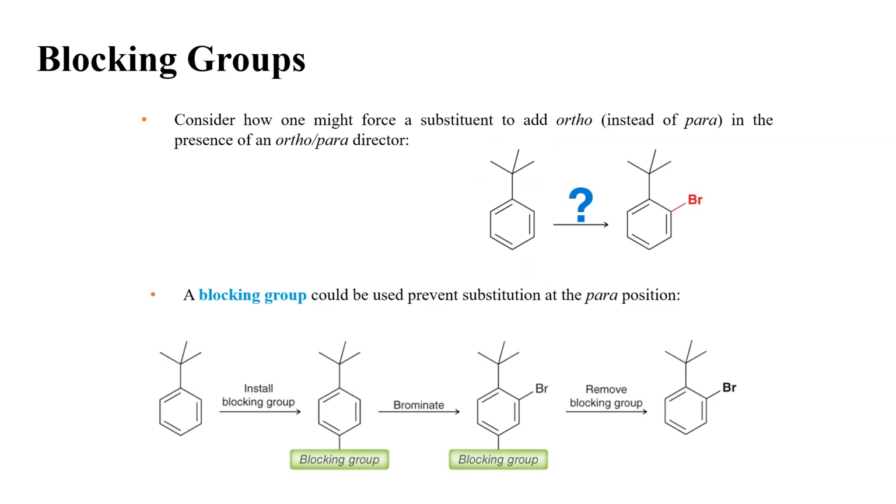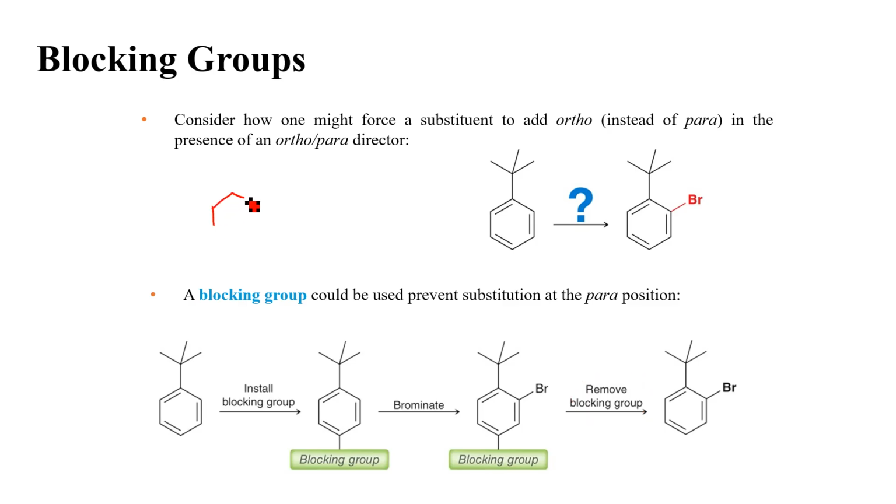Well, what if I use something called a blocking group? What a blocking group does is it basically allows you to functionalize the para position first, and it blocks the para position so that you have to force the ortho position to get functionalized, right? If you block the para position, the only other position available to functionalize is the ortho position, okay? So if you install a blocking group, then you can take the blocking group off, remove it, and then you have your product, right?